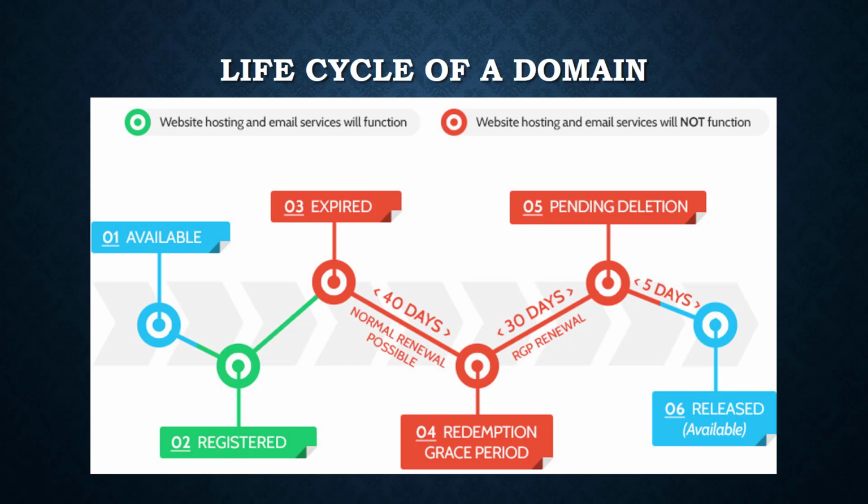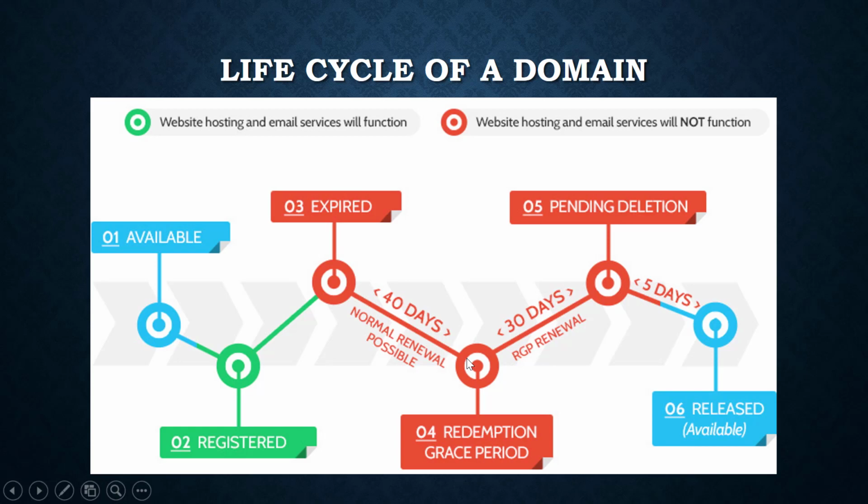Now once you register, until the valid expiry date of the domain, it will be yours. Once it is expired, from that day you have 40 days of renewal grace period. Within these 40 days, if you renew, you will get it for the actual renewal cost. You just need to pay the renewal cost, and you can get it back.